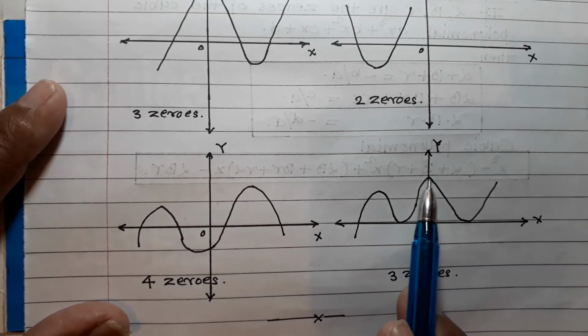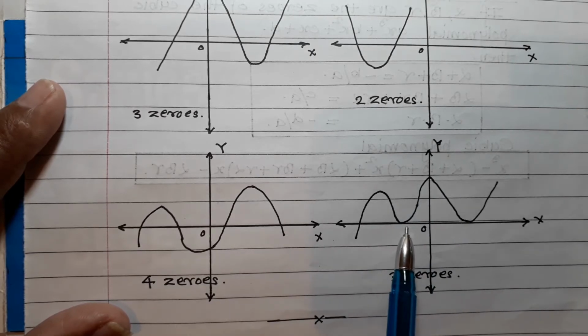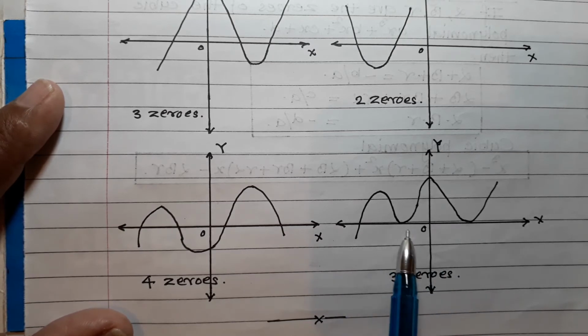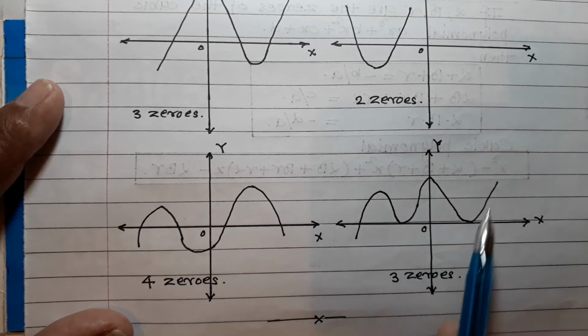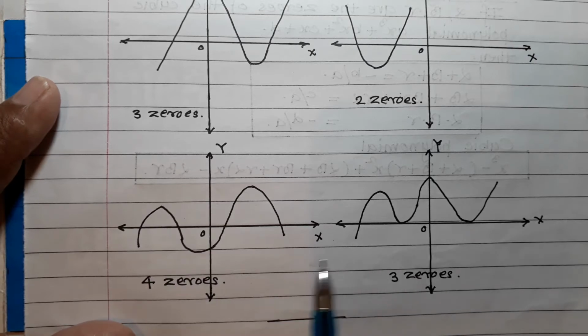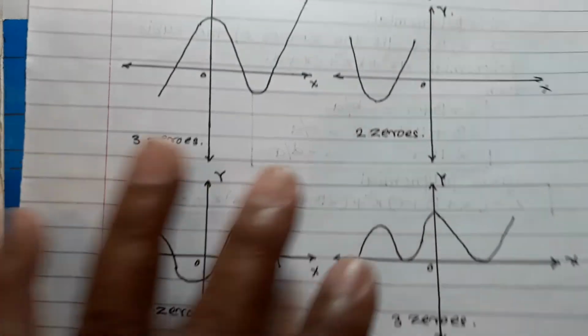Okay, this curve also intersects the y-axis, but only these are the zeros. So there are 3 points: point 1, point 2, point 3, and hence for this curve there are 3 zeros. Okay, so this question is basic. Try to understand.